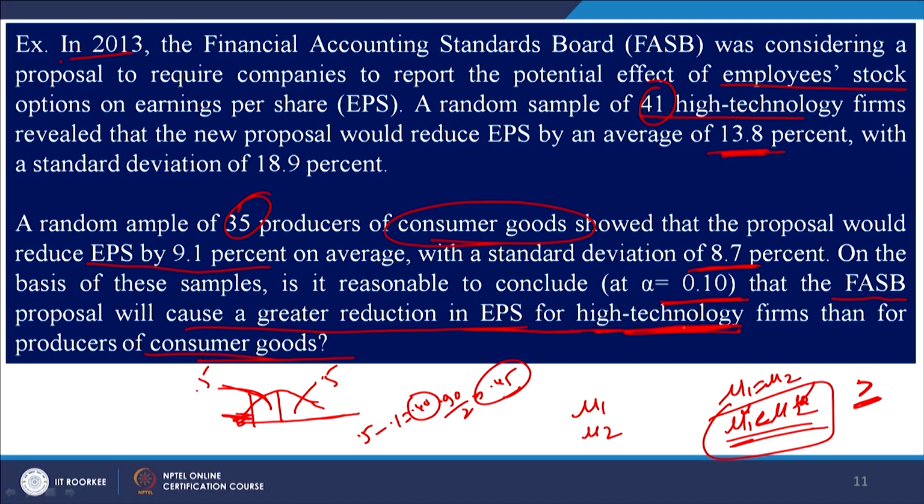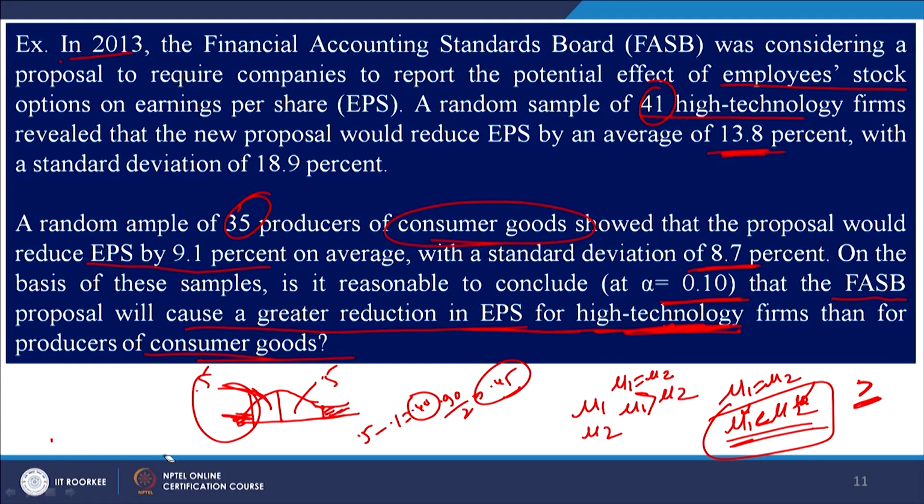So, reduction is more in high tech compared to consumer goods. You need to reframe your null and alternative hypothesis like this. So, mu 1 and mu 2 are equal, and mu 1 is greater than mu 2. So, this is an upper tail test, and now this is your rejection region.